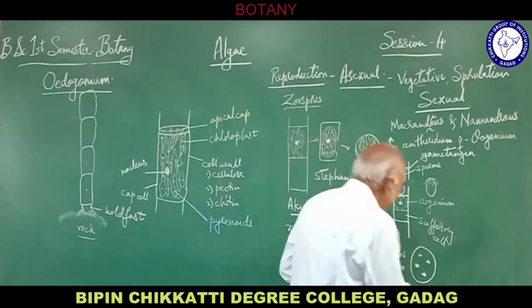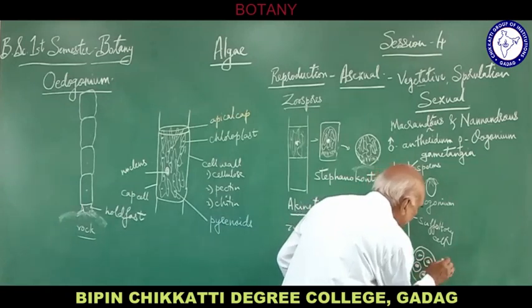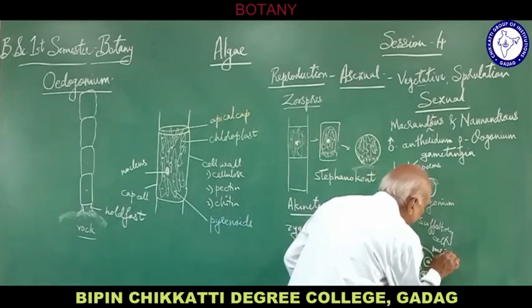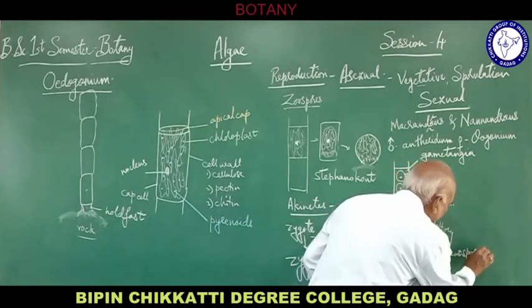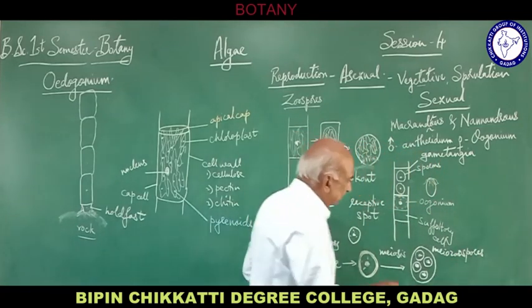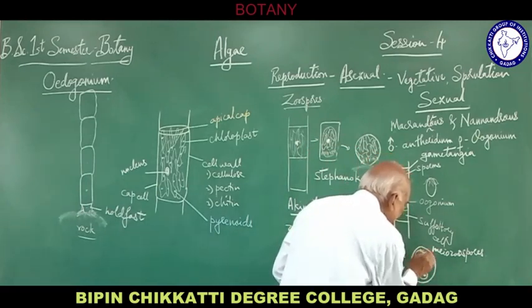Similarly here, each forms a cell, and they are called meiospores. Each meiospore again has flagella, just like the sperms. So there is a ring of flagella formed.